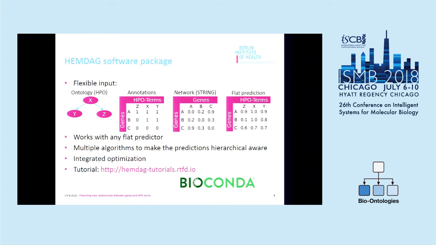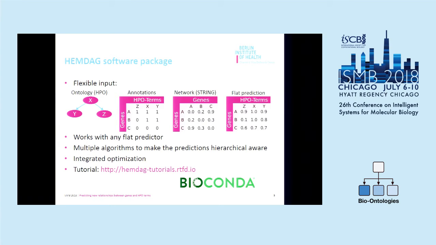So that's why I want to propose this software package, HEMDAG. It has a really flexible input. We use it a lot with the Human Phenotype Ontology, but in theory, you can use all the other ontologies. You need, of course, your annotations, and then a network for genes, for example the STRING database, and your predictions from a flat predictor.